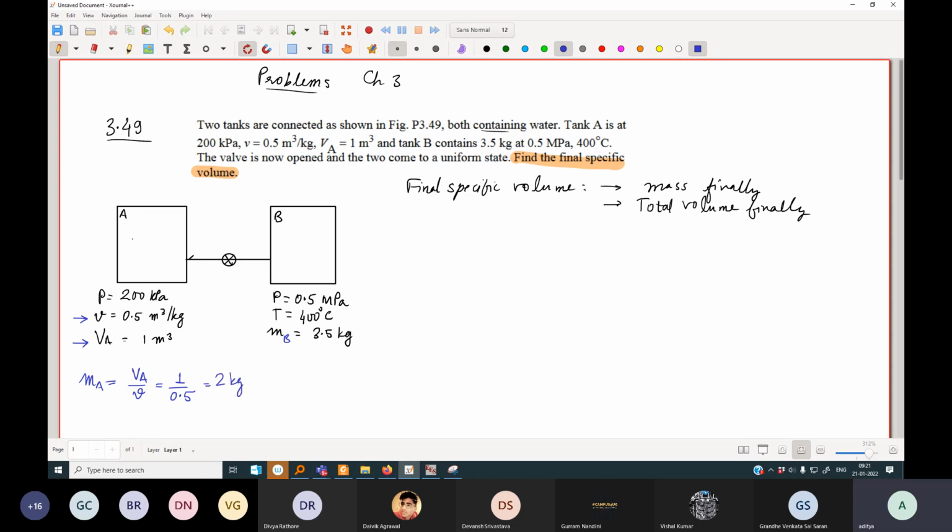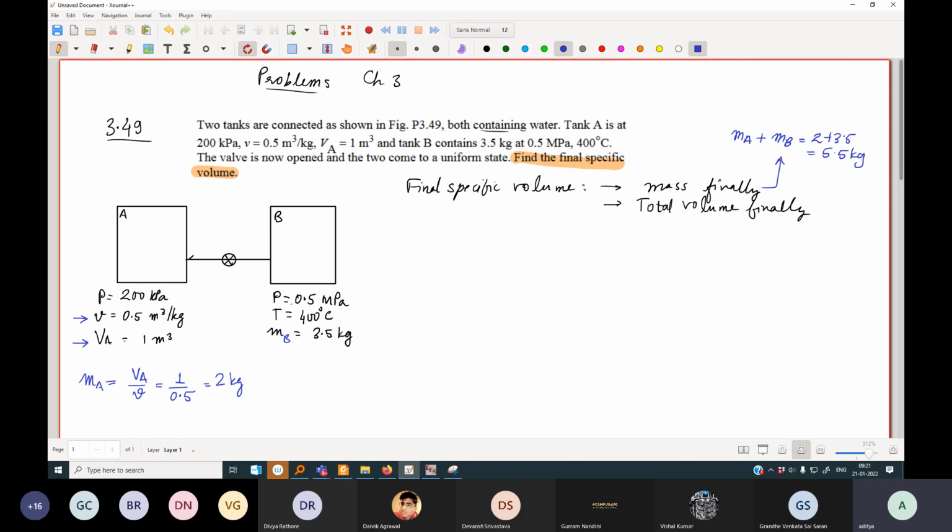So tank A contains 2 kilogram of water, whereas it is directly given that chamber B contains 3.5 kg of water. So when the valve is open, the total mass in the entire system is going to be Ma plus Mb, which is 2 plus 3.5, which is 5.5 kilogram.